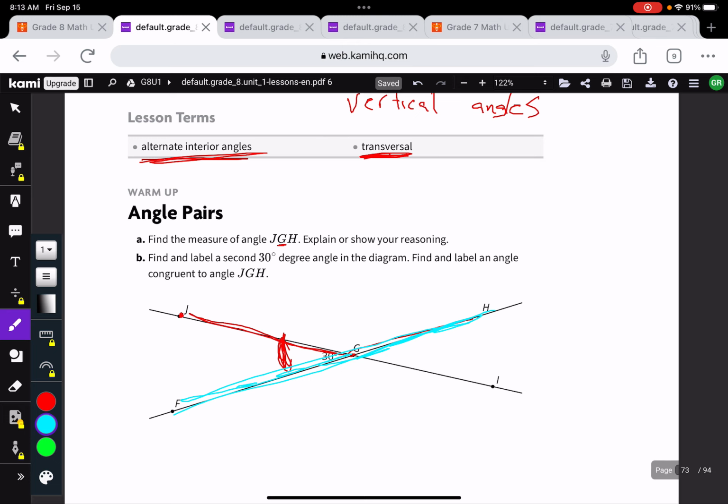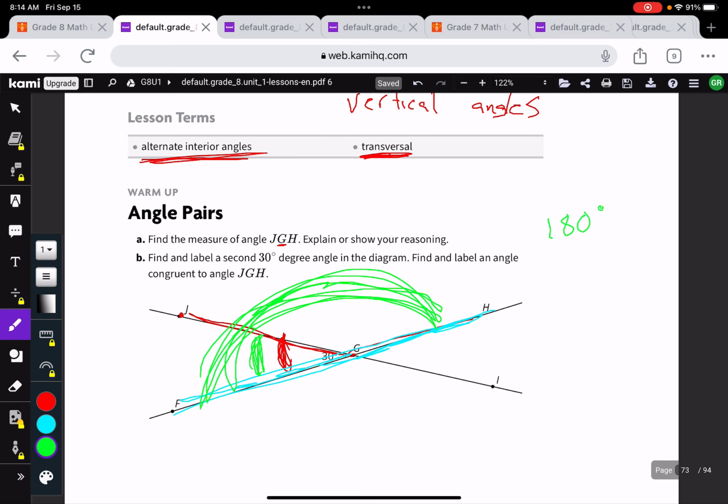And that means 30 plus something else makes a straight line. And hopefully you remember that a straight line is equal to 180 degrees. Or a straight line angle is 180 degrees. So we're essentially saying 30 plus what is 180? And if you said 150, you would be correct. So we know that angle JGH is 150.